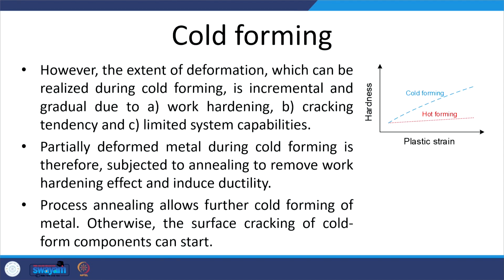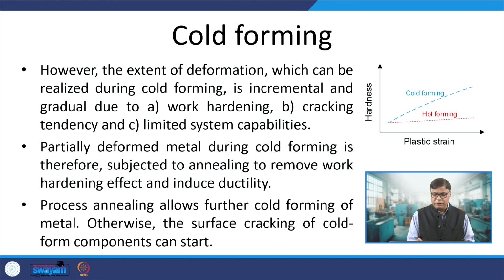In cold forming, the extent of deformation that can be realized is limited, because metal at room temperature does not have that much ductility. It will tend to show work hardening, an increase in yield strength and a decrease in ductility, and if the metal is subjected to significant plastic deformation during cold forming, it will show a cracking tendency.